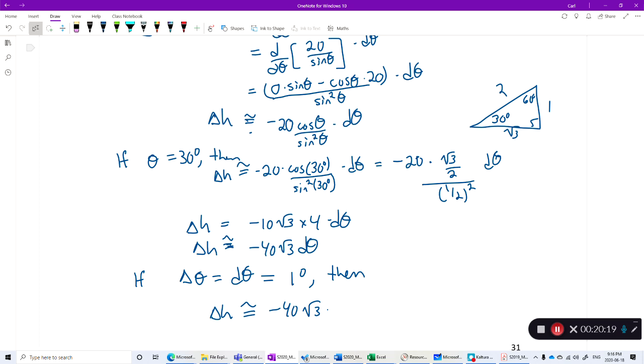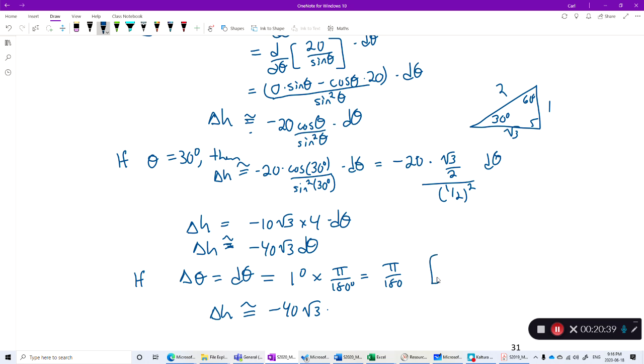Oh, I just realized something important here, which is that we have to use radians for this part. Because the derivative, okay, let me tell you in a second. What is 1 degree in radians? It's going to be times pi over 180. So it's just pi over 180.